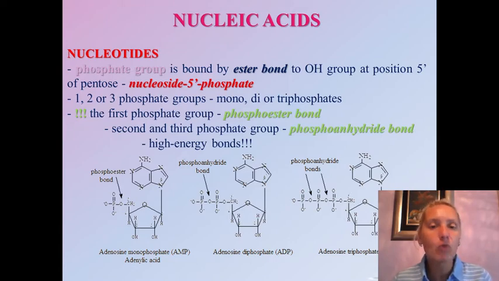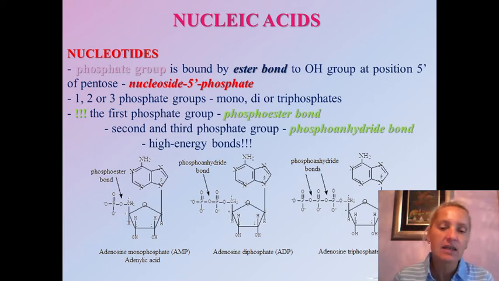Nucleotides can be formed to bind 1, 2, or 3 phosphate groups, thus forming mono-, di-, or triphosphates. But be very careful here. Notice that the first phosphate group is attached to the sugar component by the formation of a phosphoester bond.